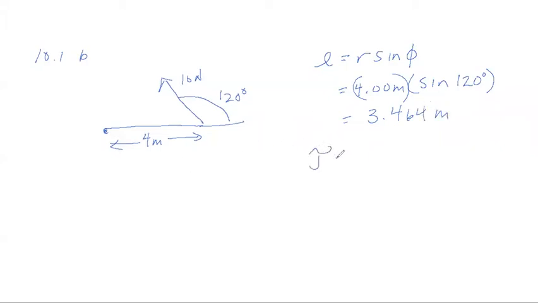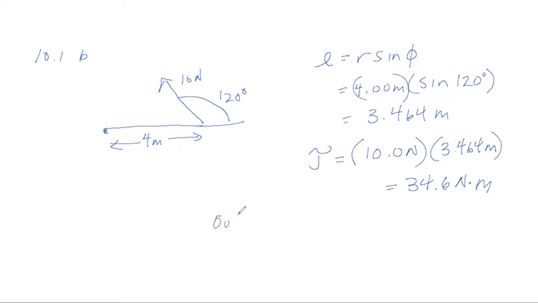The torque equals 10.0 newtons times 3.464 meters, and our magnitude is going to be 34.6 newton-meters. And this again is going counterclockwise, which would bring it out of the page. So R cross F is out of the page.